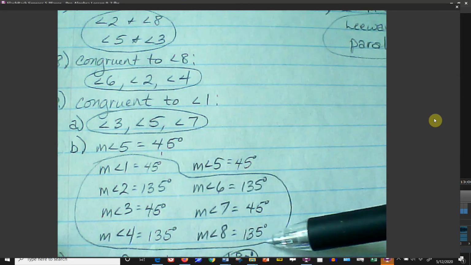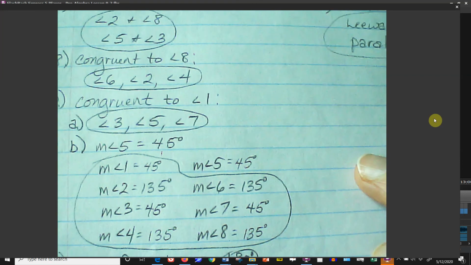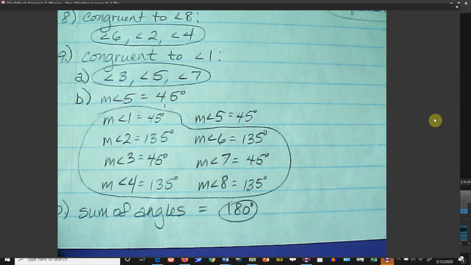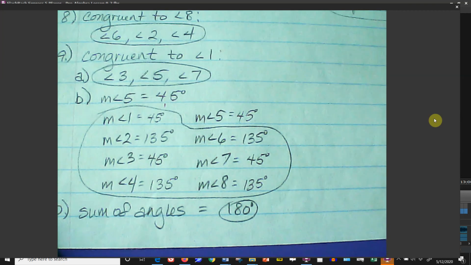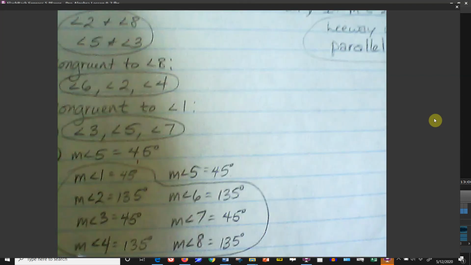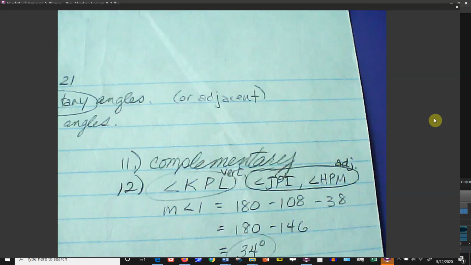So 2, 4, 6, and 8 are all 135 degrees. Then number 10, the sum of the angles is 180 degrees. That's if they form a straight line and if they form a triangle, you might recall. Number 11, I'll be honest, I don't know what the question was, but the answer is that they're complementary.